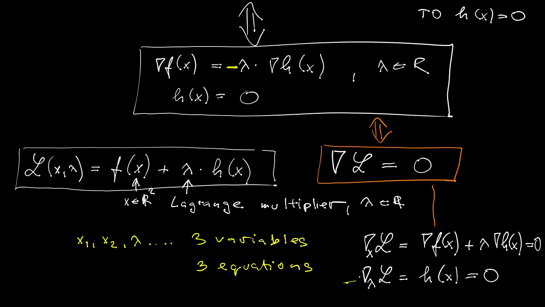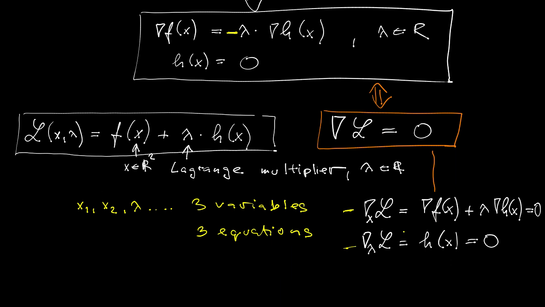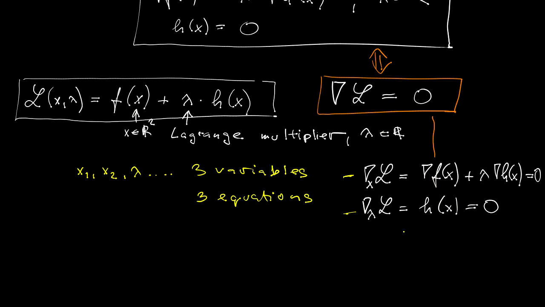Over here I have just one, but this one actually contains 2 equations because it's one vector equation. Remember that the gradient of f is composed of 2 components. So that's essentially it. That's the key trick that we will use for solving constrained optimization problems.